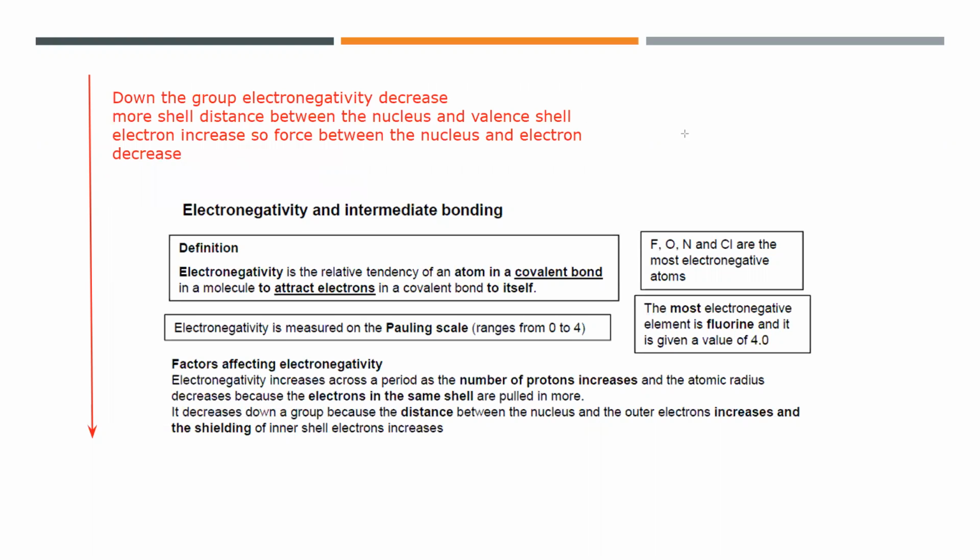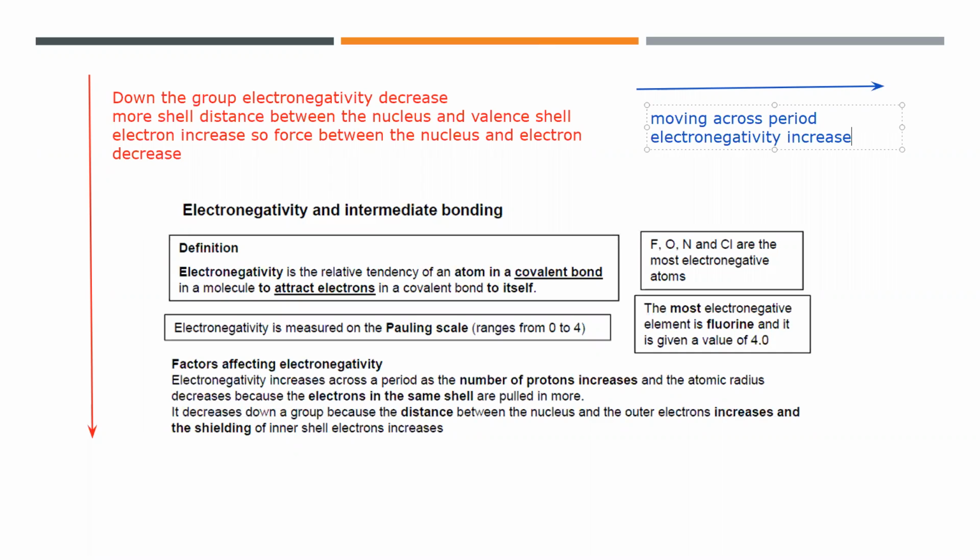But as we move across the period, what we observe is that electronegativity increases. What is the reason?